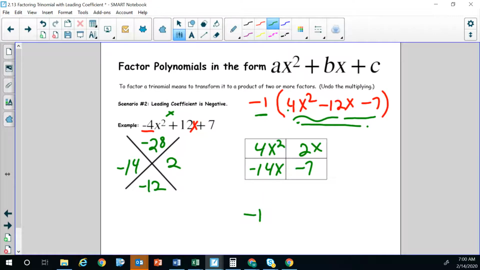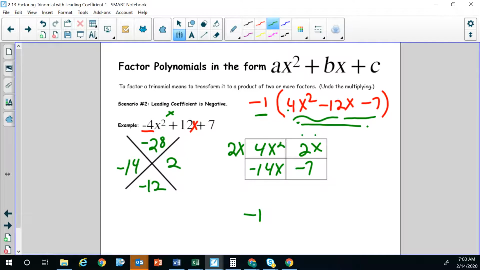Okay, let's look at the first row. The common term between 4x squared and 2x is 2x. That is the common term right there. If you look at it, 2 is the highest factor between 2 and 4, and x is the highest factor between x and x squared. So that's why it's 2x.